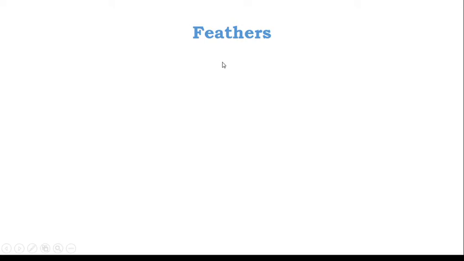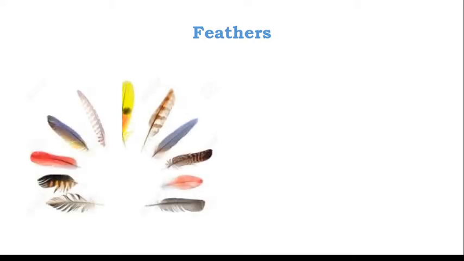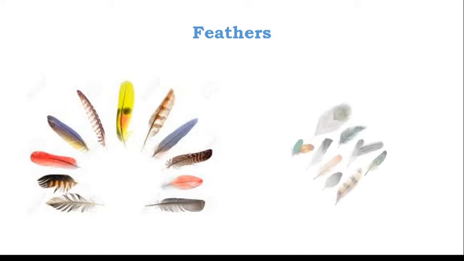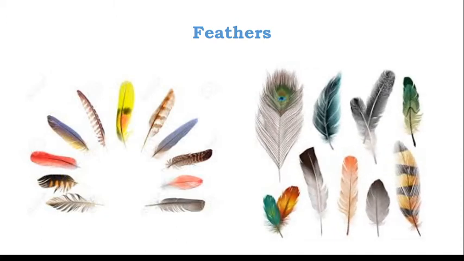Next morphological adaptation is the feathers. The body is fully covered by an exoskeleton of feathers. There are different types: crown feathers, tail feathers, body feathers. The arrangement of feathers helps in buoyancy and also provides insulation to keep the body warm.